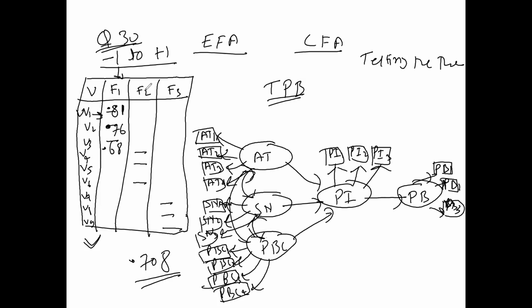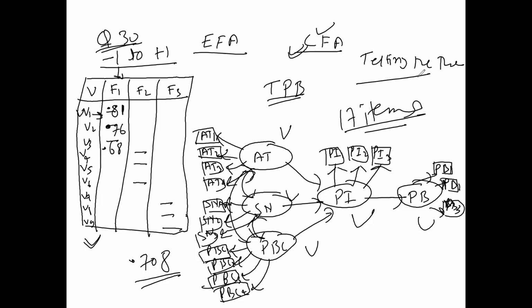It is pre-decided in a CFA, confirmatory factor analysis, that we will take 5 constructs and 17 items or questions. It is pre-decided how many factors and how many items or questions we should take in our study to test the particular theory.